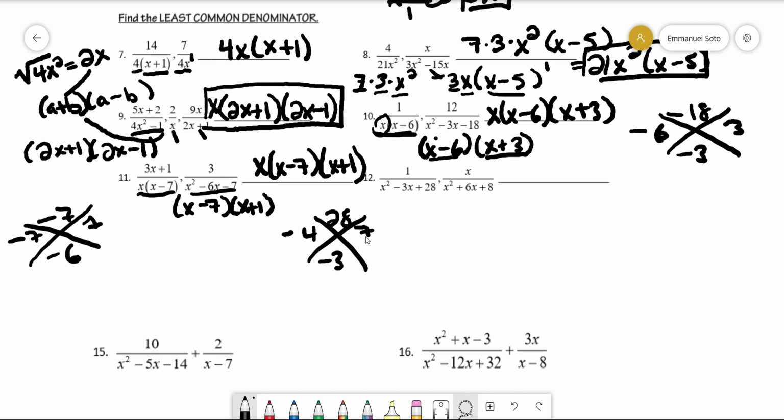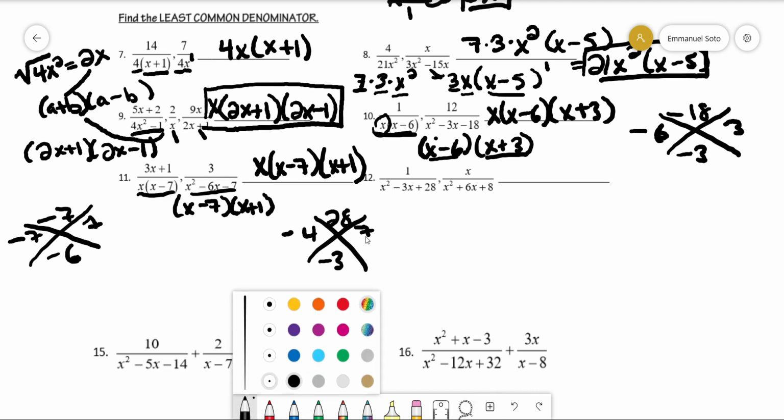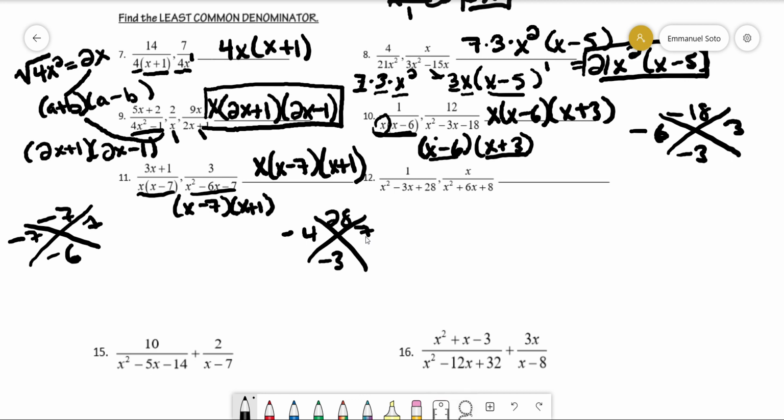So let me erase this here. Let's see. So that doesn't work. So this has to add up to negative 3. So factors of 28 that add up to negative 3.